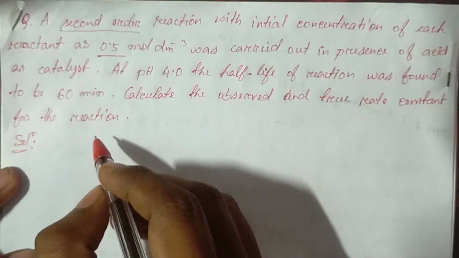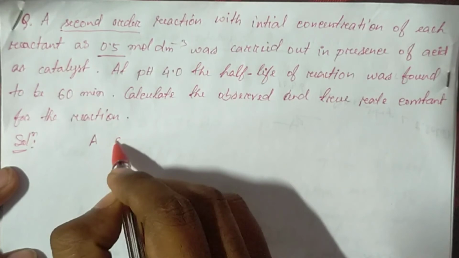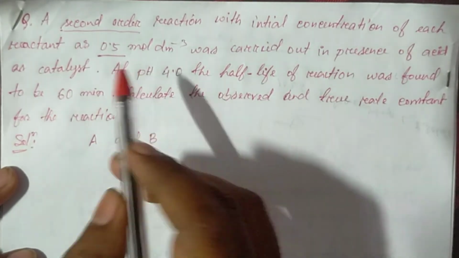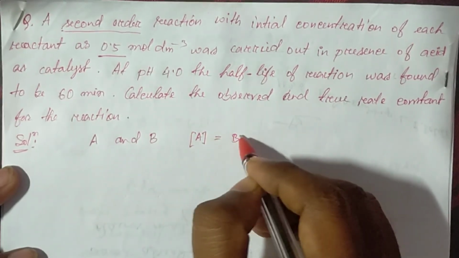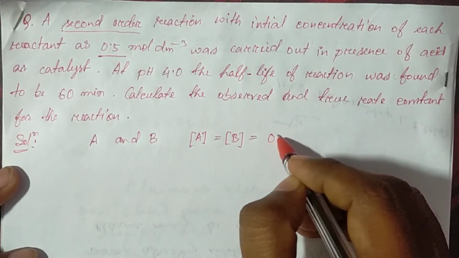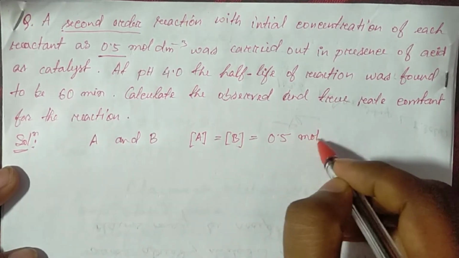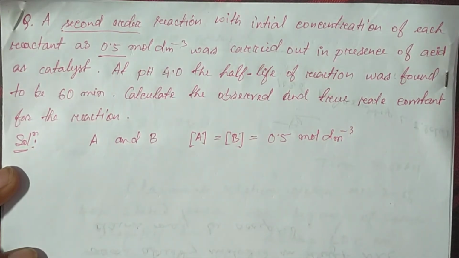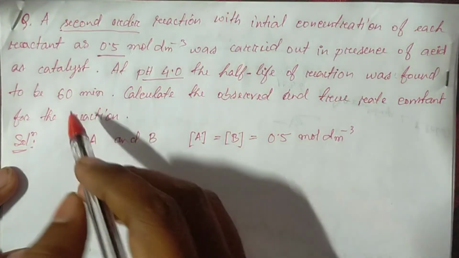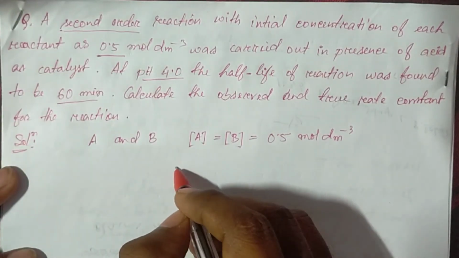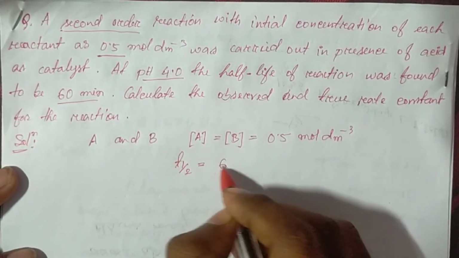That means there will be two reactants A and B, and both have initial concentration A is equal to B is equal to 0.5 mole dm-cube inverse. Okay, it was carried out in presence of acid as catalyst at pH 4. Half-life of the reactant was found to be 16 minutes. So it is given that half-life T half is equal to 16 minutes.